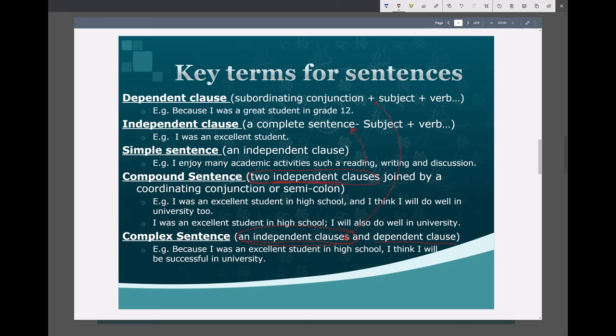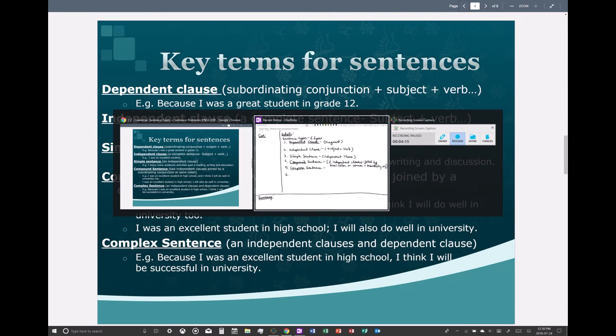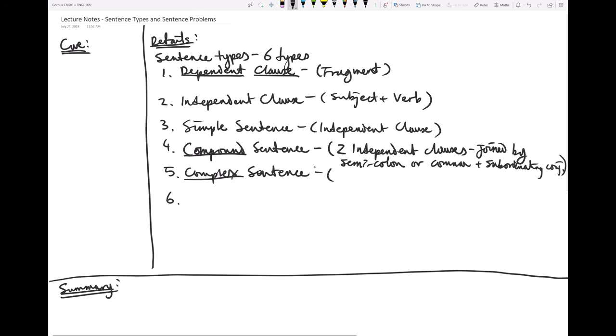It has an independent clause, which can be its own sentence, and a dependent clause. So it doesn't need a subordinating conjunction because it has a dependent clause in it, which depends on the independent clause. So I'll write this down. A dependent clause and an independent clause.